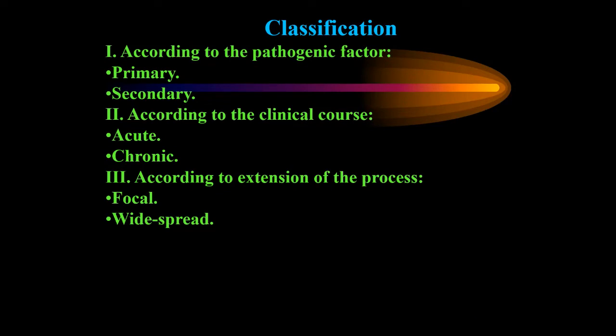Classification of the empyema. At first, according to the pathogenic factors, it can be primary or secondary. Second, according to the clinical course, it can be acute and chronic. And last, according to the extension of the process, it can be focal or widespread.